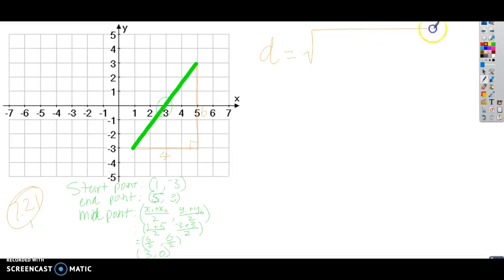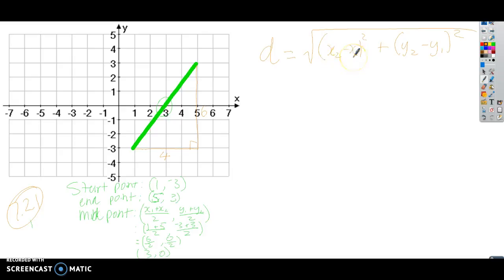It looks complicated but it's not really: d equals the square root of (x2 minus x1) all squared plus (y2 minus y1) all squared. That looks confusing, but let's break it down to see what it actually means.